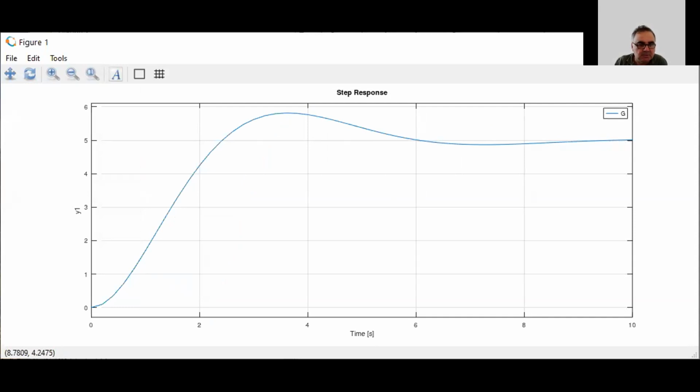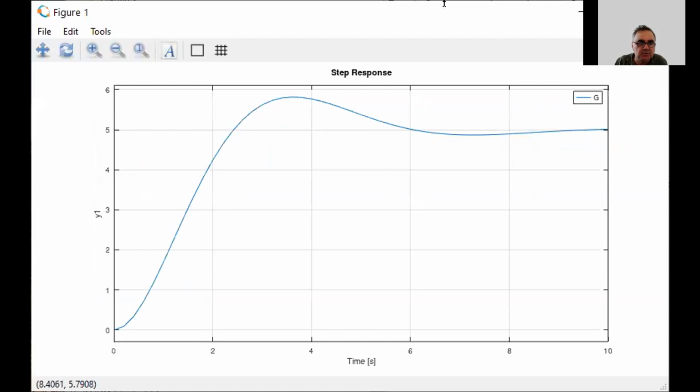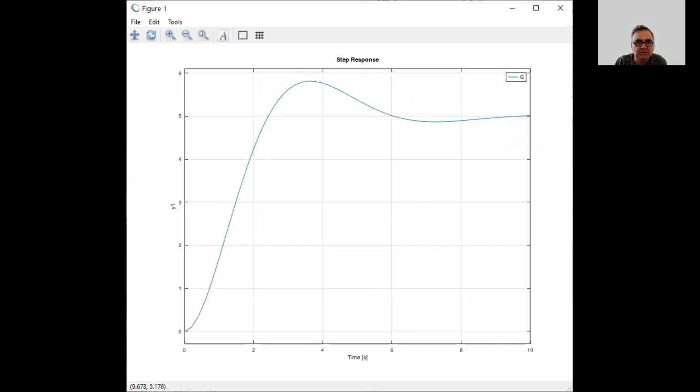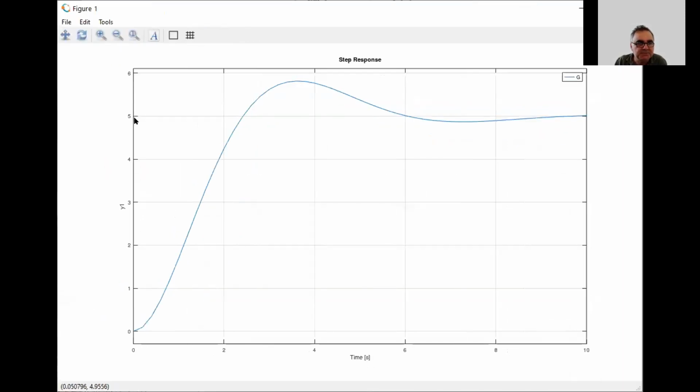And the steady state value to a unit step response, as you see, is 5. We have reached the 5 value here. So the second order system responds as such. And everything depends on the natural frequency. Well, the way the system responds depends on the natural frequency and the damping ratio.